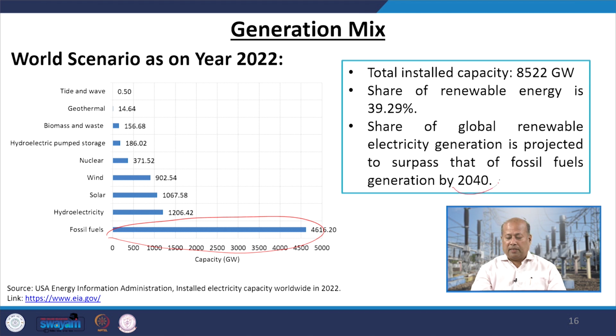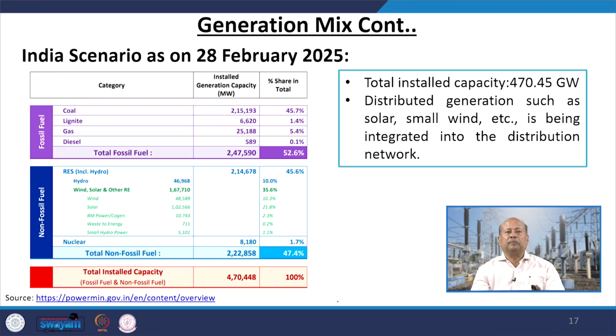So we expect in the next 15 years, the generation from renewables to surpass the fossil fuel or thermal power plants. But for that, a lot of determination is needed; policymakers of the world must come out with new technologies, efficient technology as well as economic technology, cheaper technology to replace thermal power plants, which is quite important.